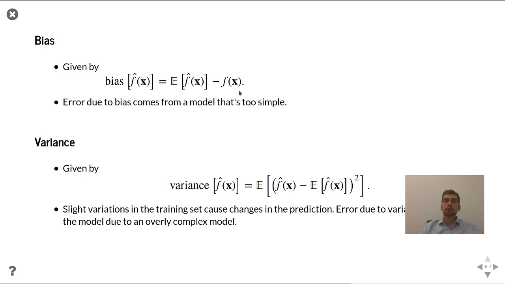The second part is variance, and this part can be high if even small changes in the training sample or small changes in some parameters of your model result in a huge difference between these two models. So large variance can be a good sign that your model is too complex.